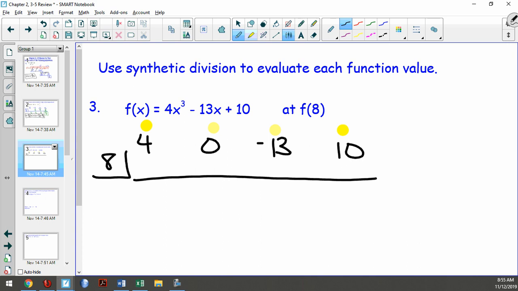Drop down the 4. 4 times 8 is 32. Plus 0 is 32. What is 32 times 8? It's going to be 256 minus 13 gives you 243 times 8 plus 10.